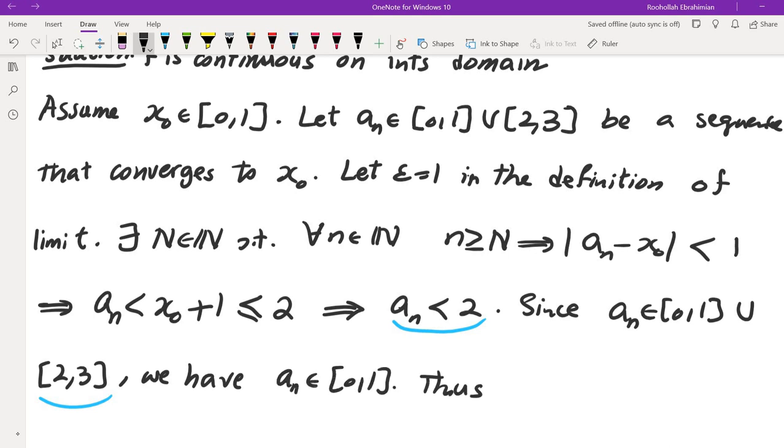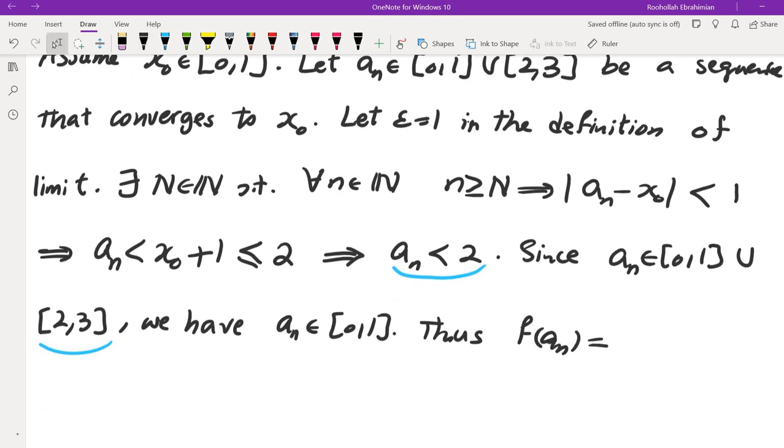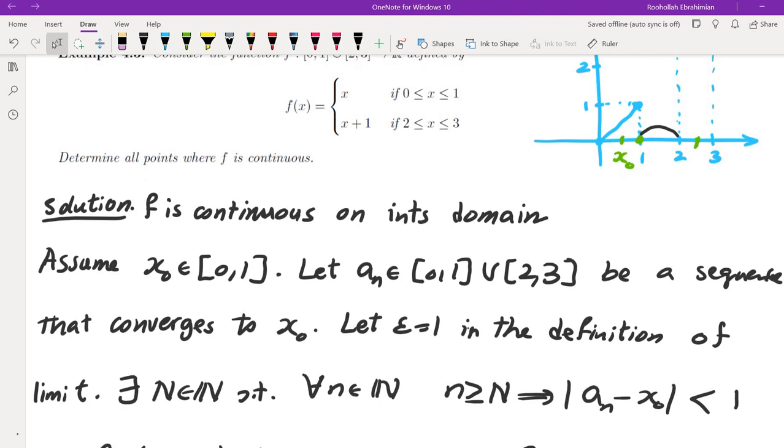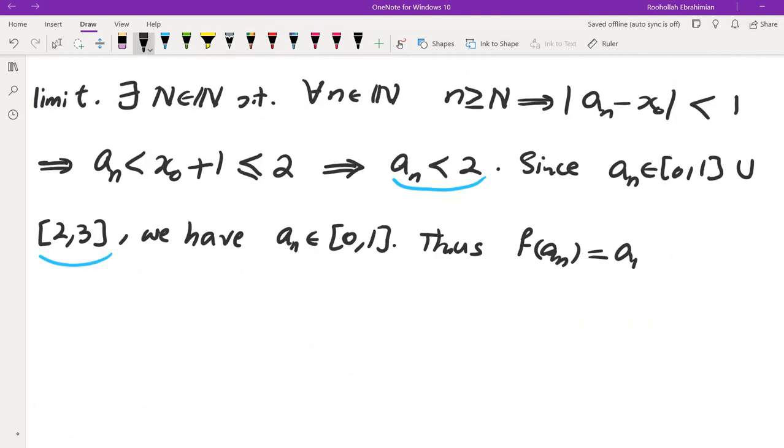And that means f of an is, if you look at the definition of f between 0 and 1, f of x when x is between 0 and 1 is x itself. So that is equal to an itself for all n greater than or equal to n.